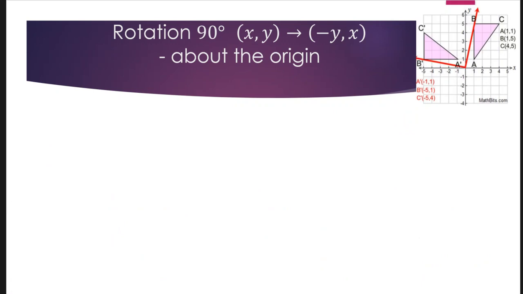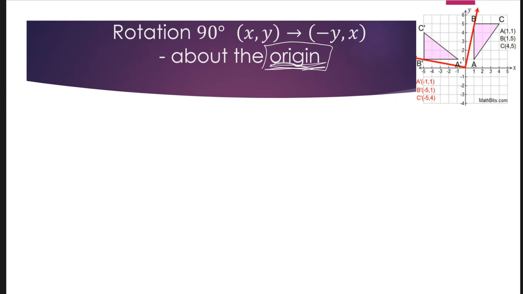All right, so when we are rotating in the coordinate plane, we have rules just like with the reflections, and the rules are going to exist when we are rotating about the origin. So it'll have to specifically say rotate 180 degrees about the origin before you can apply the specific rule.